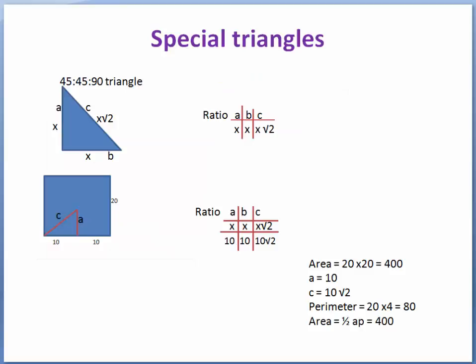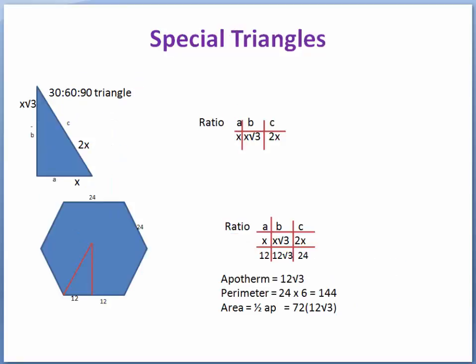Sometimes it's good to know our special triangles to work out areas, especially if the triangle that we split the figure into is a 45, 45, 90 triangle, or a special triangle which is in this case 30, 60, 90.